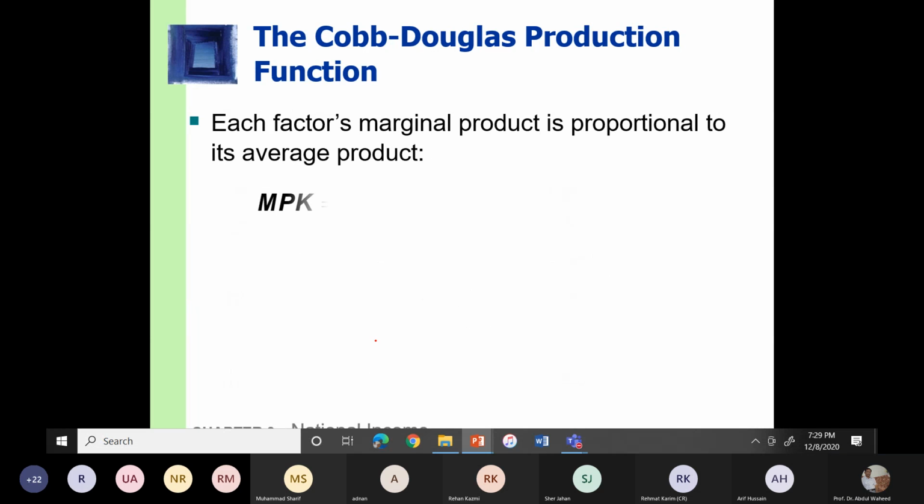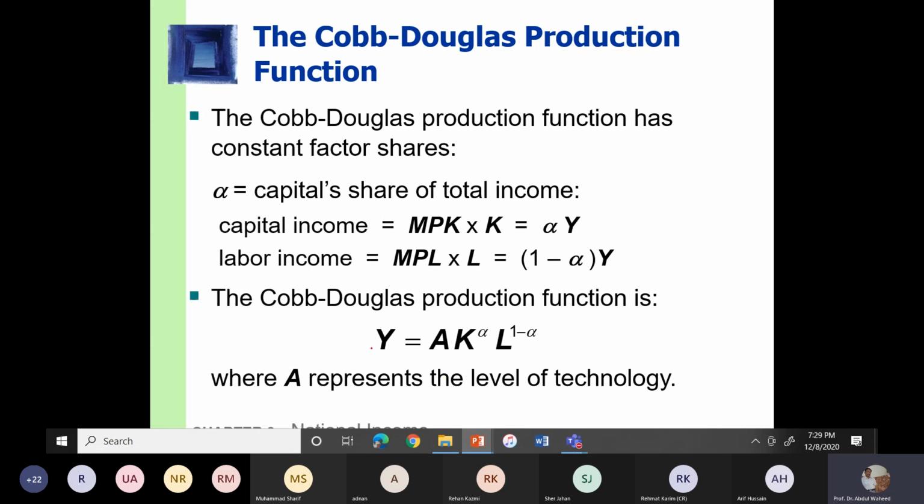So I have to take the derivative of this. I hope you remember, maybe you studied the derivative. So for this function, you will take delta y over delta k.